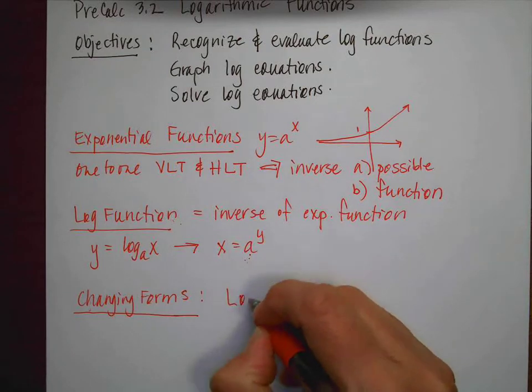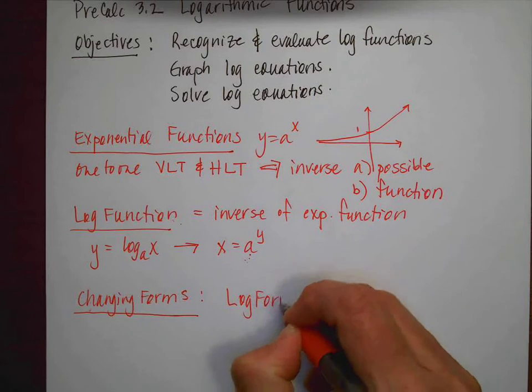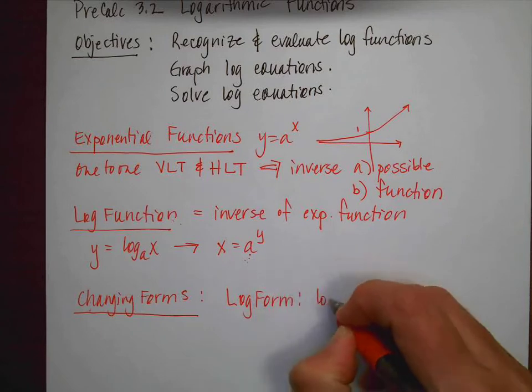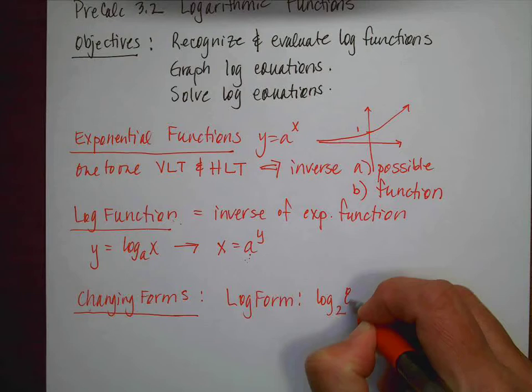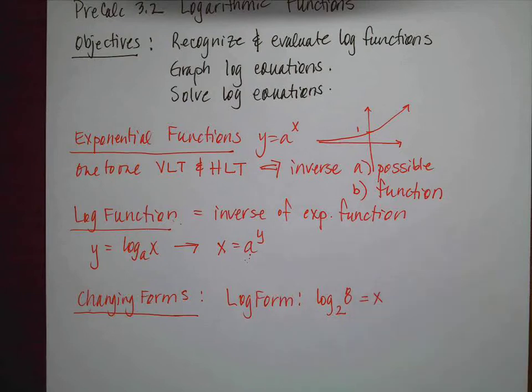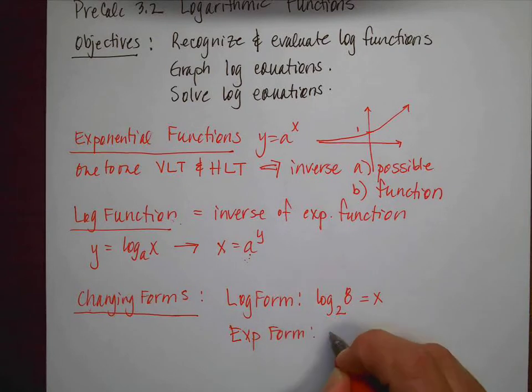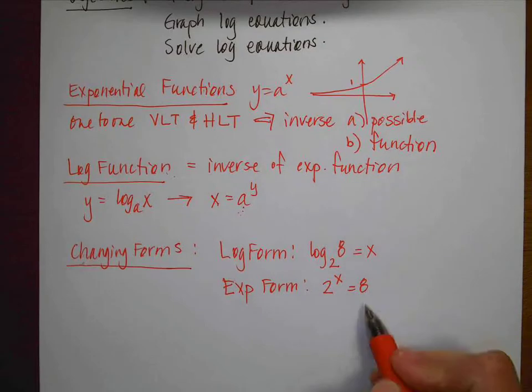So let's talk about log form. Let's say something is given as the log base 2 of 8 is equal to x. Well, if I want to go to exponent form, that would say 2 to the x is equal to 8. And then I could solve that using the 1-to-1 property because this is 2 to the third.